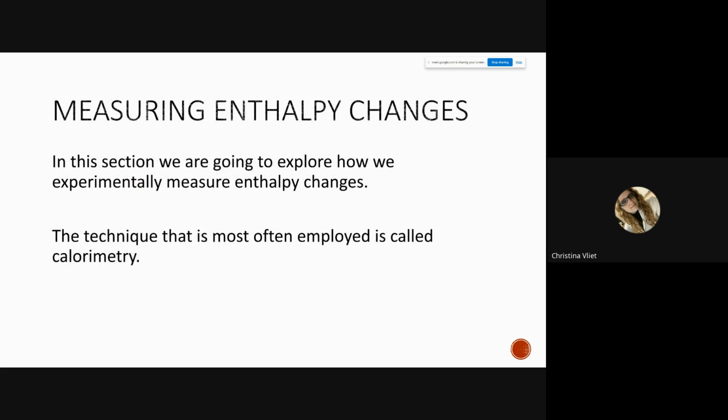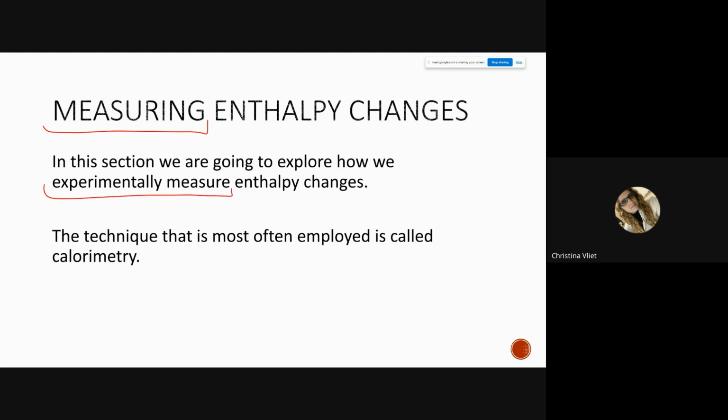So, objective one is basically the terminology. Knowing exothermic versus endothermic, knowing system versus surroundings. And objective two, where I told you we were going to be stuck in pretty much today and with the lab next class, is measuring. In this section, we are going to explore how to experimentally measure enthalpy changes.